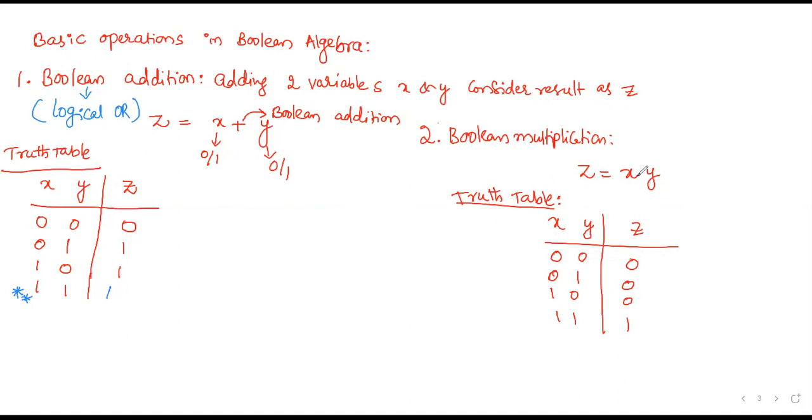This is the Boolean multiplication symbol, dot. It is similar to our regular multiplication. Another name for Boolean multiplication is logical AND.